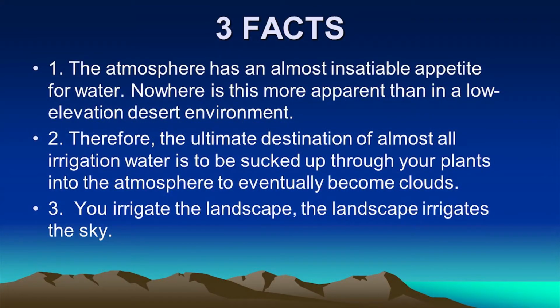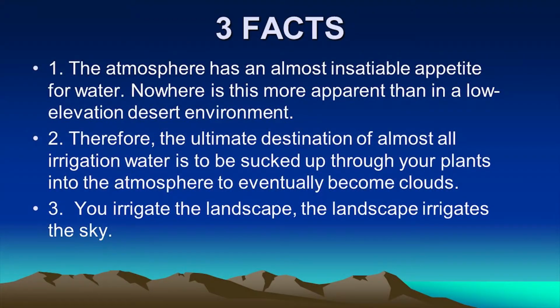So there are three things to keep in mind here. First of all, the atmosphere that's surrounding the planet has an almost insatiable appetite for water. Insatiable being it's never satisfied. It always wants more water. And nowhere is this more apparent than here in the desert. The ultimate destination of all irrigation water is to be sucked up into the atmosphere and become clouds.